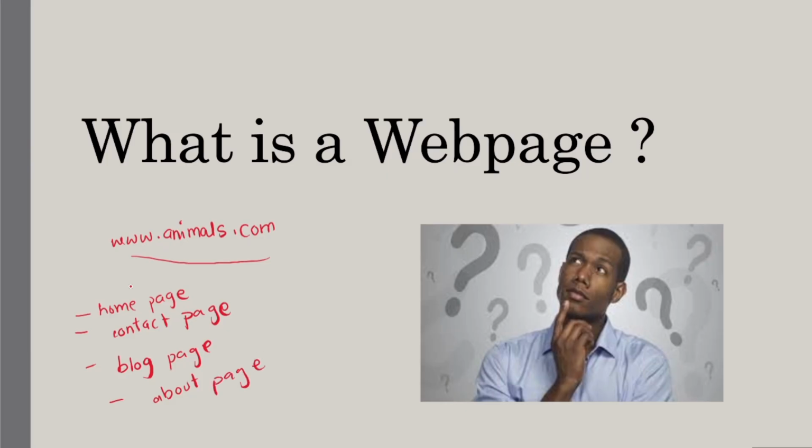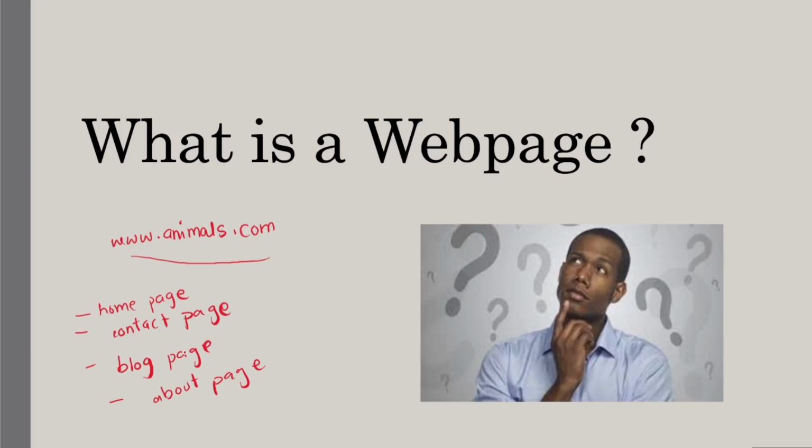Here, every web page plays its own role. When you open the home page, every animal has its own characteristics and abilities. When you open the contact page, it may show the website owner's contact details.